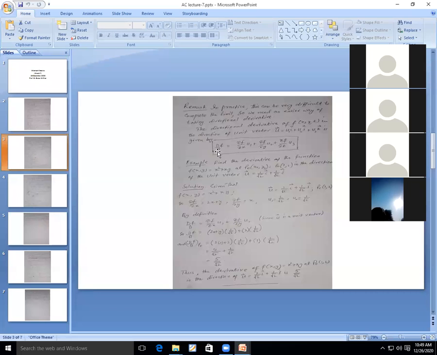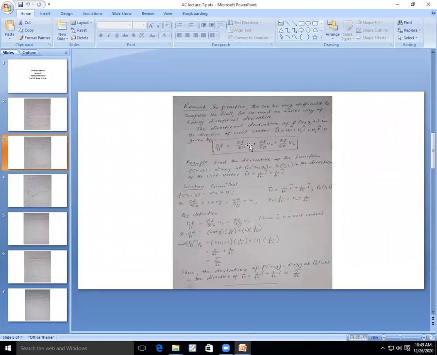It is equal to the partial derivative of f with respect to x into the component u1, plus the partial derivative of f with respect to y into the second component u2, plus the partial derivative of f with respect to z into the third component u3 of the unit vector.